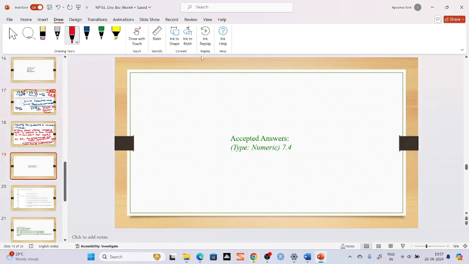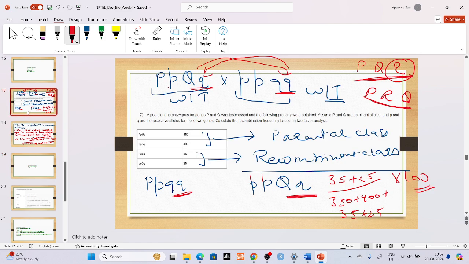Yes, 3-point test cross. I know 3-point test cross is for the order of genes. I was just explaining here. This is not a 3-point test cross. Don't confuse it. I was just explaining a concept: suppose a question has more than two genes, say three genes, and you have to determine the sequence or order of the genes, how can you determine it?